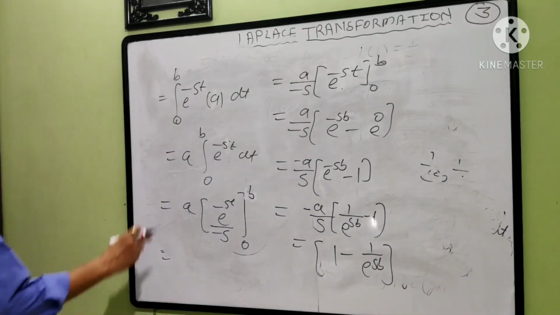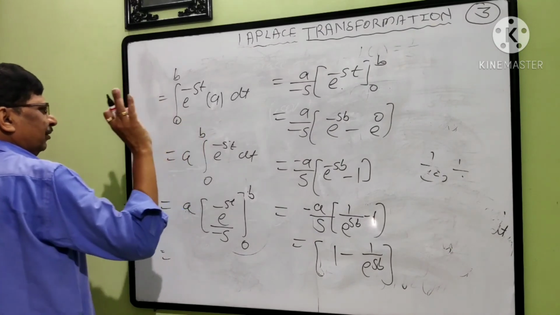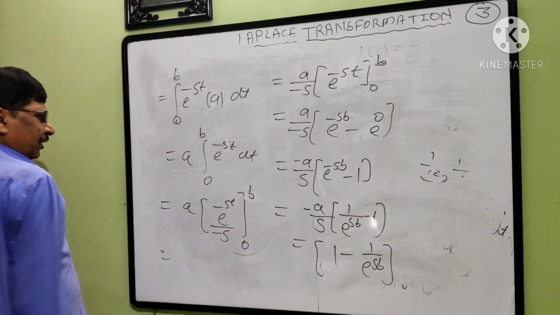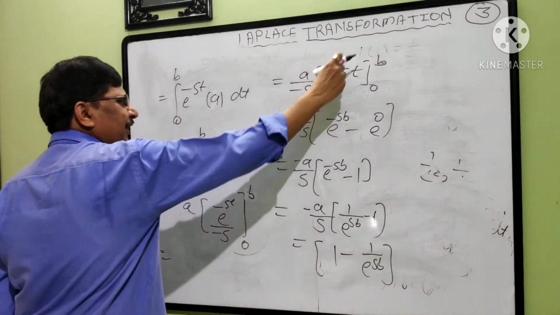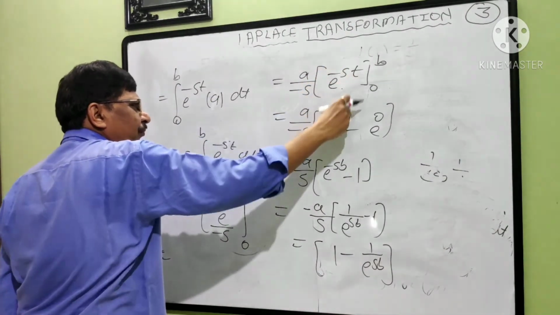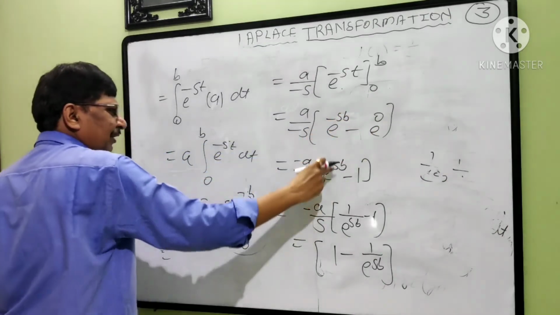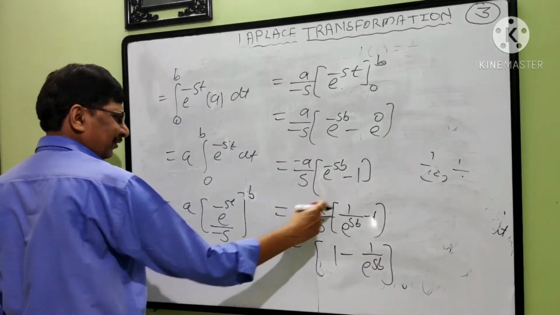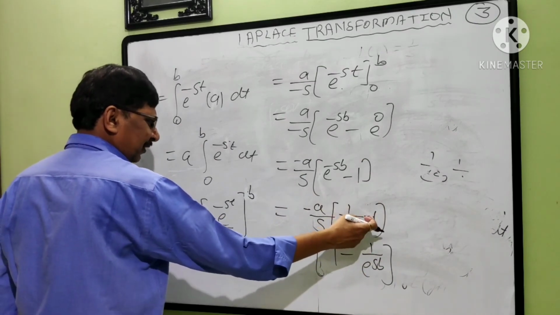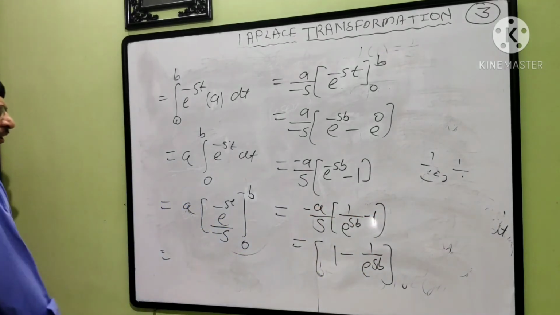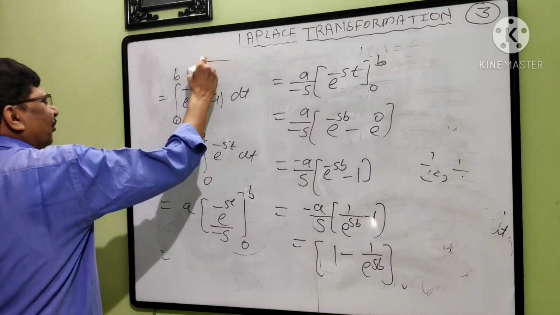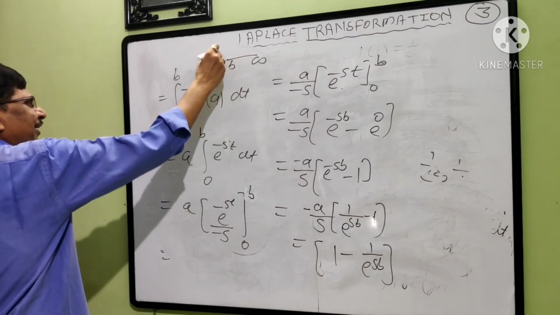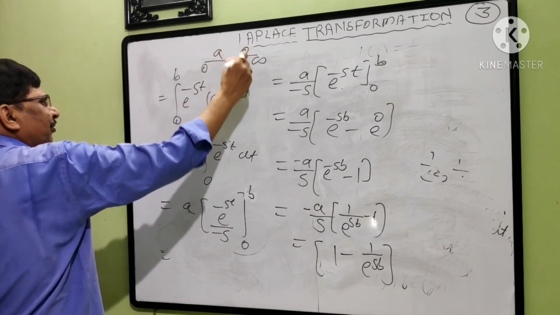Actually here it is b; I had written infinity, sorry. Substitute t as b: e raised to minus s into b minus e raised to 0, that is 1 upon e raised to sb minus 1. The minus sign taken inside makes that plus and this minus. The limits were actually 0 to b and b to infinity. From 0 to b it was a, and from b to infinity it was 0.